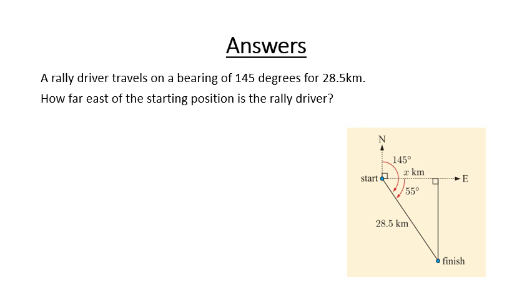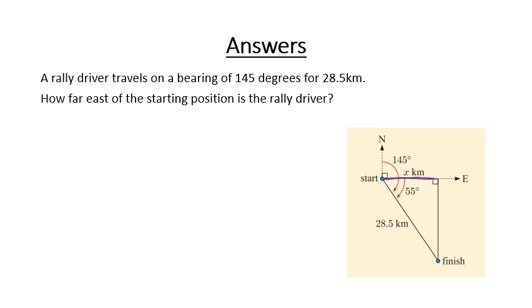Okay, so let's see how you went. The question is actually asking how far east of the starting position is the rally driver. If you look at our diagram here, we're trying to figure out how far east they've gone. The question says on a bearing of 145 degrees for 28.5 kilometers they were traveling along.